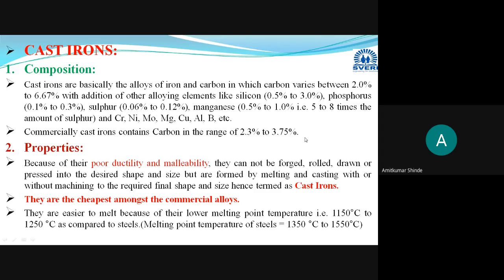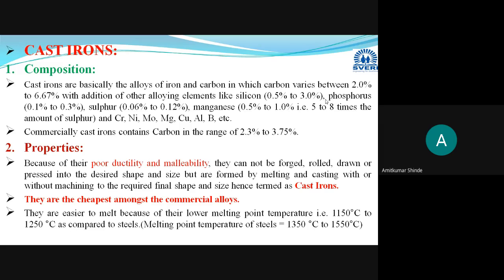Now, in addition to this, as this is the alloy of iron and carbon, some alloying elements will be there, like silicon. The amount of silicon will be within the range 0.5 to 3%.